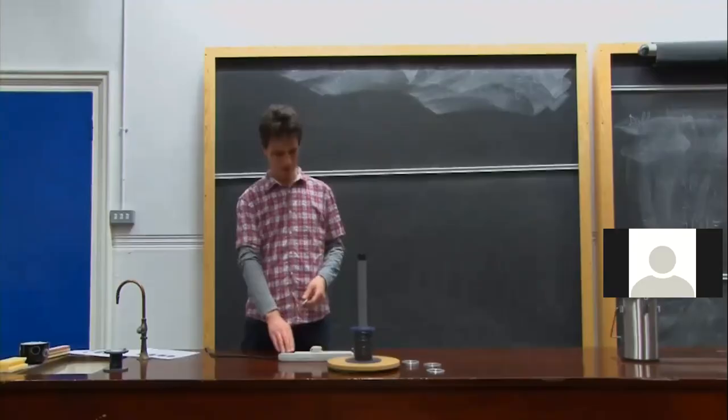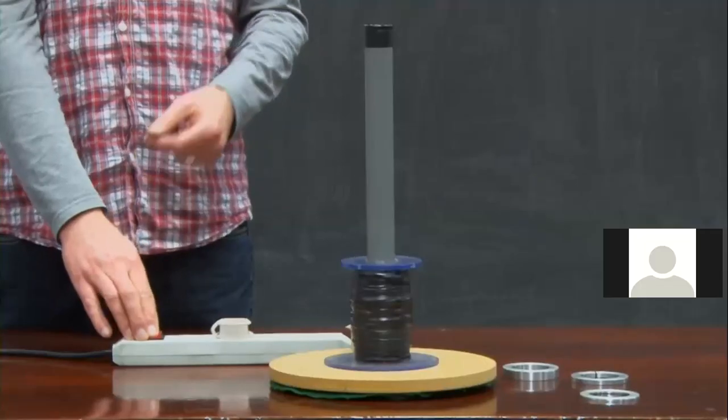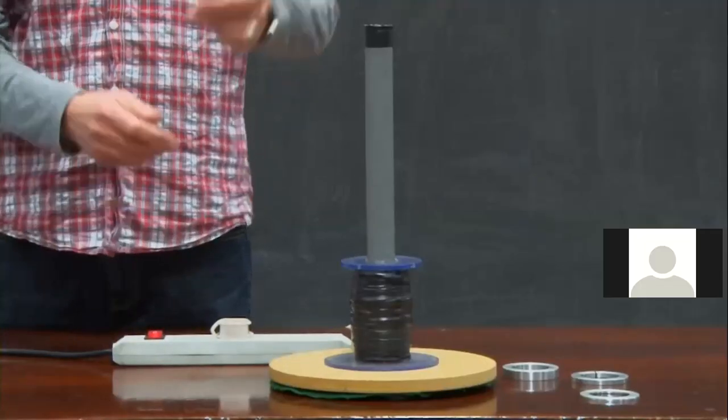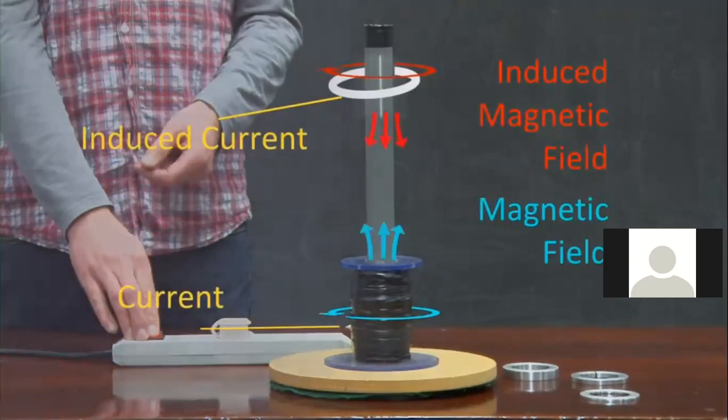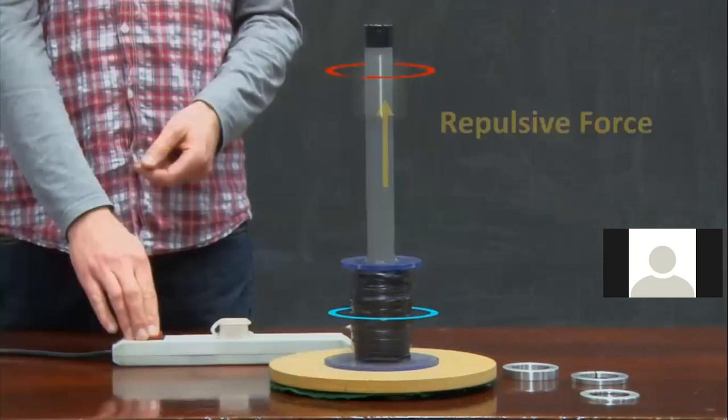Now, Lenz's law states the direction of any magnetic induction effect is such as to oppose the change producing it. So the direction must be in opposition to that of the coil. The ring experiences a repulsive force and is launched into the air.